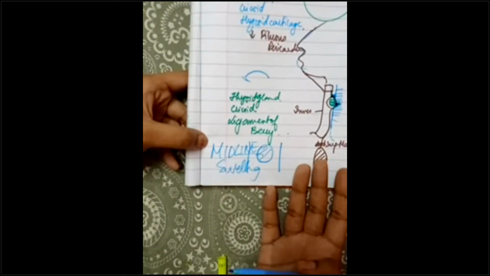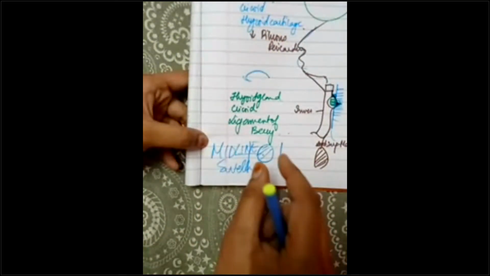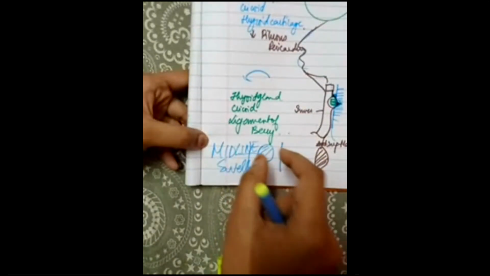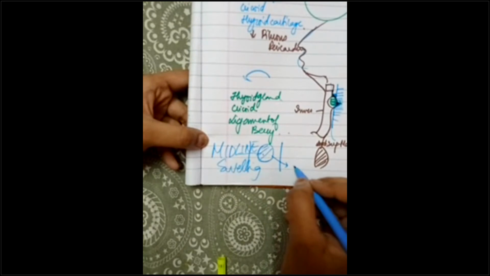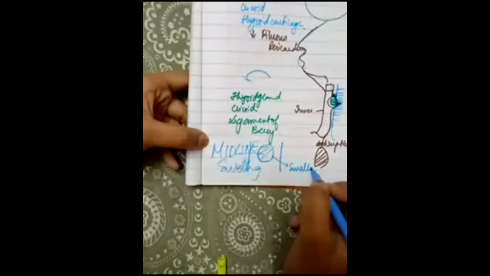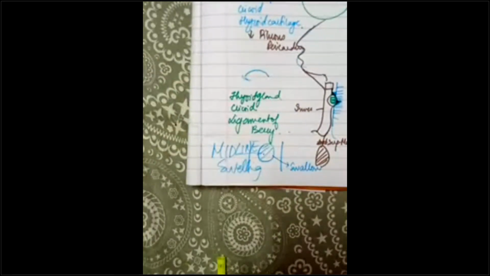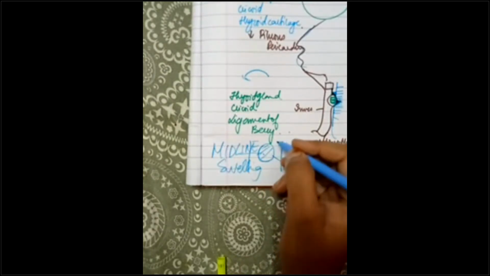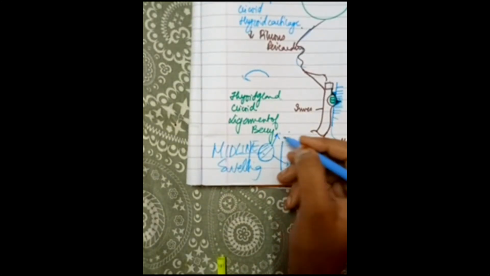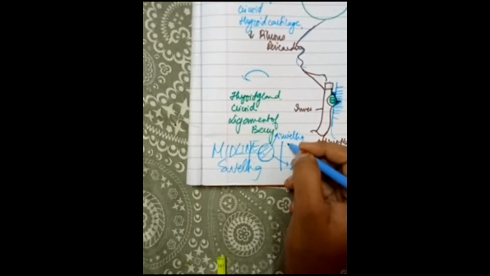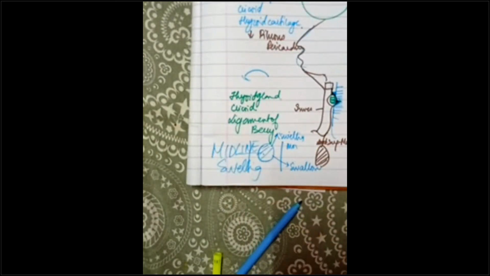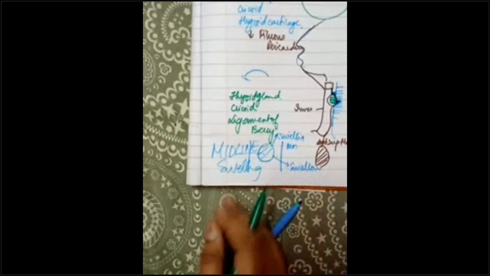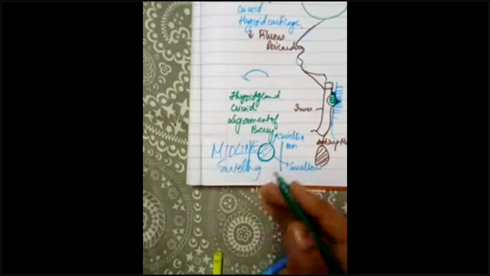How can you say that it is only thyroid? You can confirm that the swelling is arising from the thyroid by telling the patient to swallow, deglutition. You tell him, swallow. So if the patient has a swelling and this swelling is moving up on deglutition, this makes it certain that this swelling is arising from the thyroid.